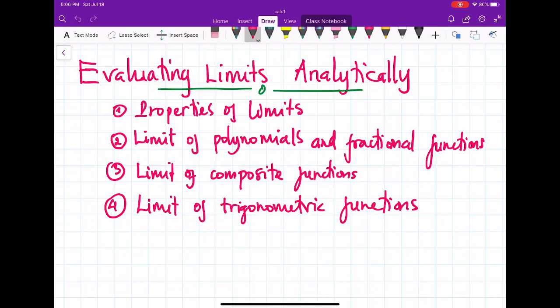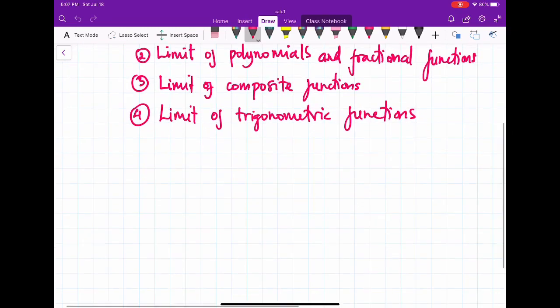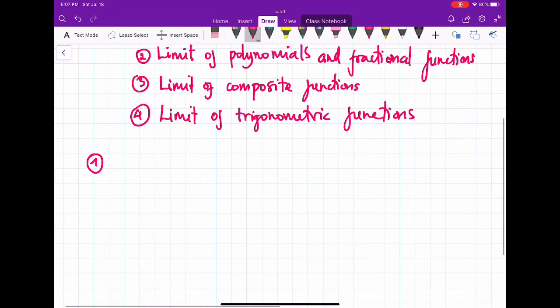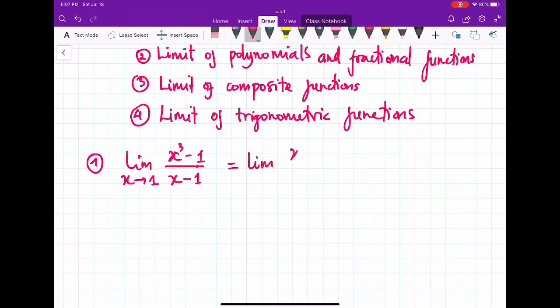Let's consider properties of limits. Remember that in the previous section we studied the limit of x cubed minus 1 over x minus 1 when x approaches 1. And we see that this is equal to the limit of (x minus 1)(x squared plus x plus 1) over x minus 1 as x approaches 1.